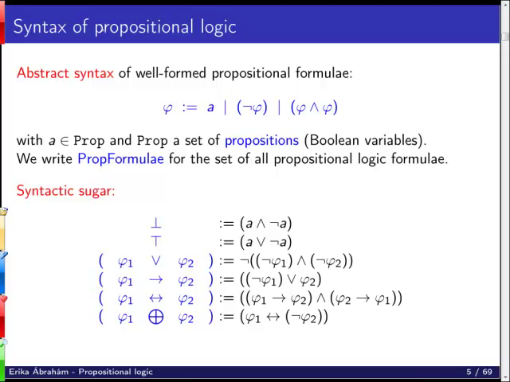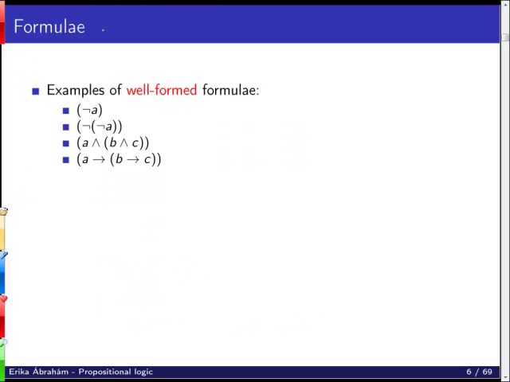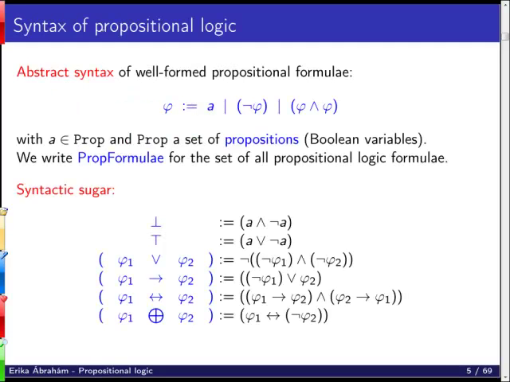Of course, you can define more. Now we know how to build propositional logic formulas. And the next, okay, some examples. They must be well formed, especially if I go back. Here we have some parentheses around the terms. Why, actually? Why can I leave them away? What happens if I leave them away?